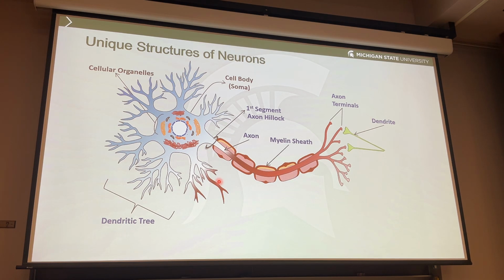Now, as I'm sure many of you know, these don't just exist in isolation in our body. There are long chains of these neurons all the way from our brains to the tips of all of our extremities.